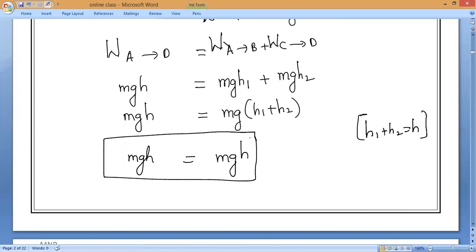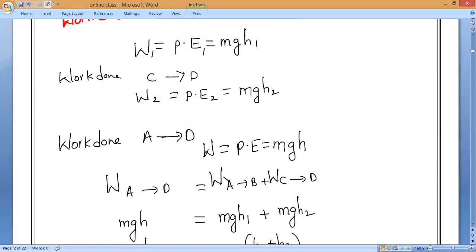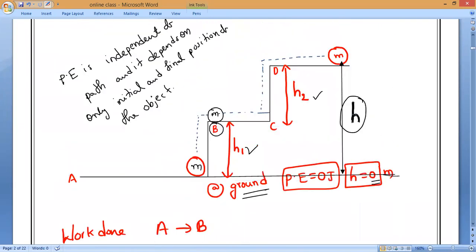Now, work done in displacing it from only B to C. Again, all of you should remember, the angle between the force and displacement must be 90 degrees. What is the angle here, everybody? 90 degrees. And here, what is the angle? 90 degrees.